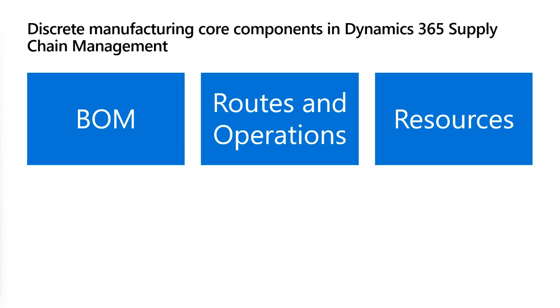Resources are linked and allocated via routes to the operations that are required in the production flow. The resources have availability defined via a calendar for scheduling and, depending on availability of the resources, to calculate the possible availability of a product.